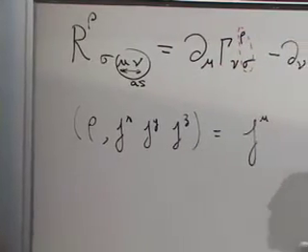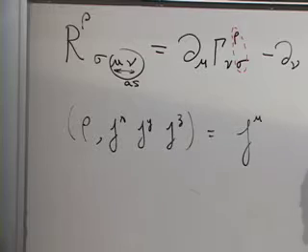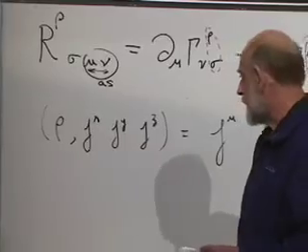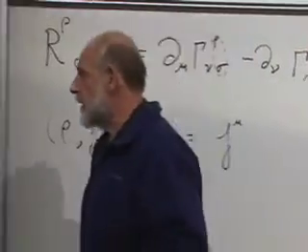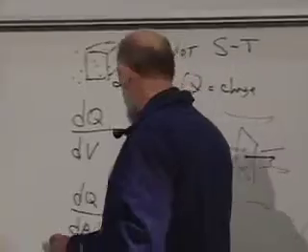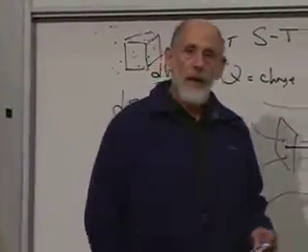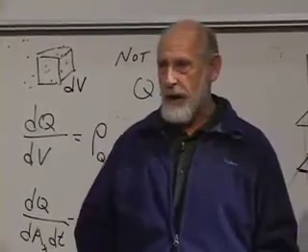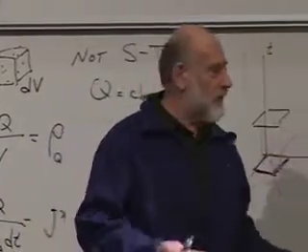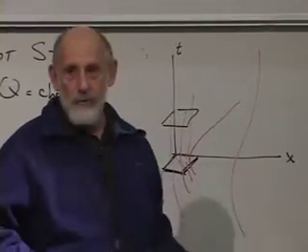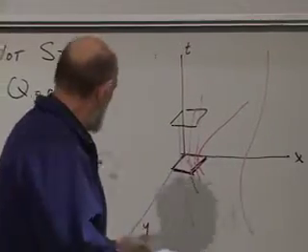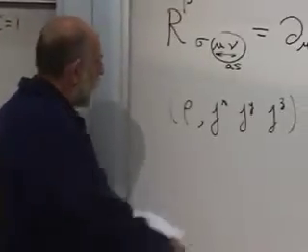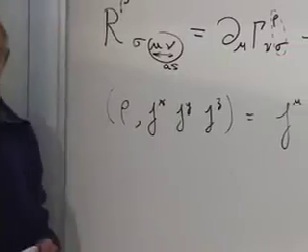In other words, the charge density becomes the time component of a 4-vector. The other 3 components are characterized by the direction of the flow of charge. And if charges are just sitting still, it's as though they're moving in time, if you like. A thing which is sitting still is still moving through space-time, passing through these windows in space-time. And so rho together with J form a 4-vector of current.